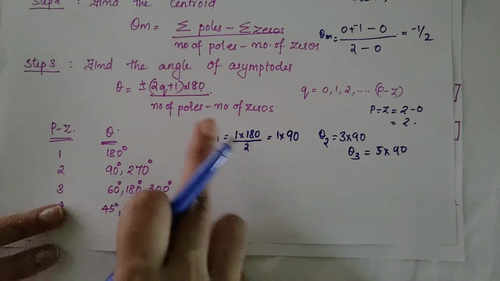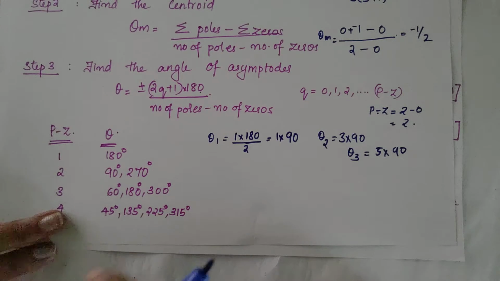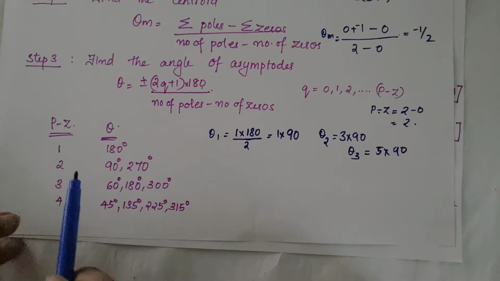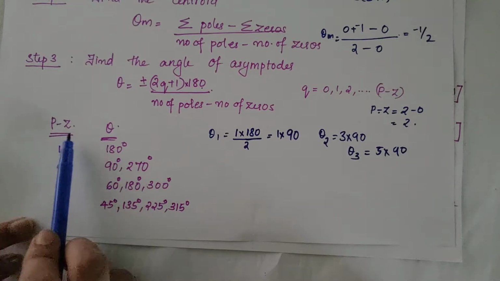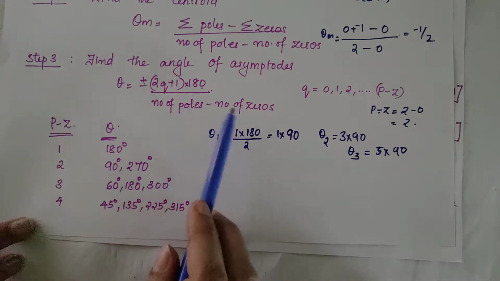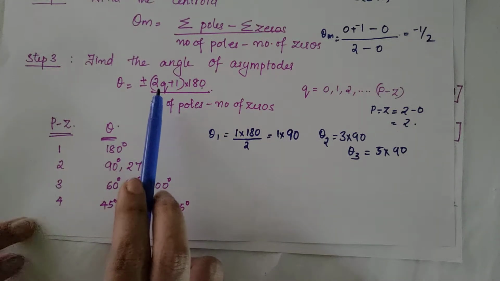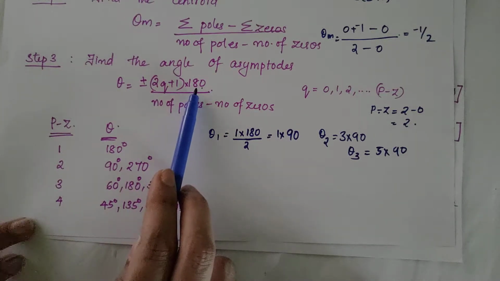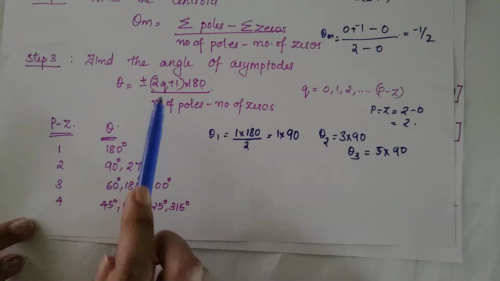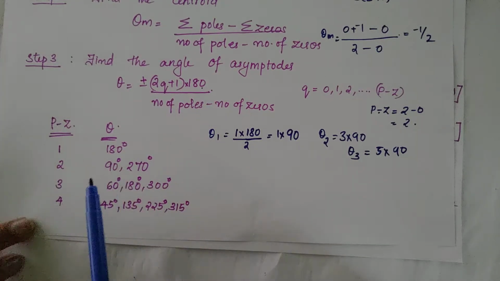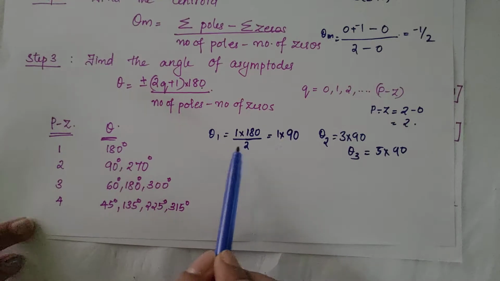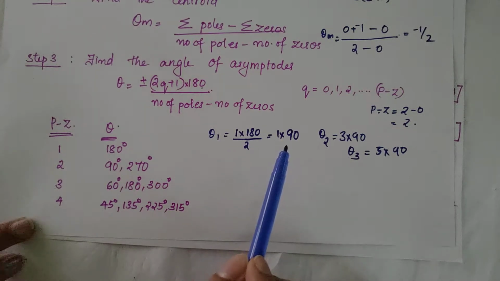It will always be an odd multiple. If p minus z is 1, then it will be a multiple of 180, that is 1 into 180.